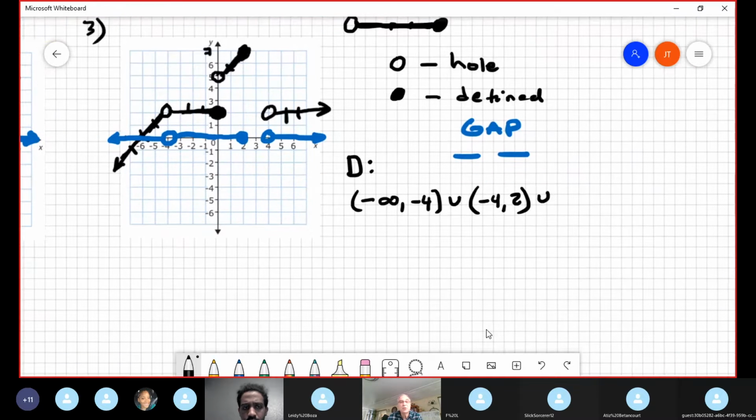Of course, not including 4, and infinity. So we have 2 holes, at -4 and +4. We have 1 gap in between 2 and 4, and this is my domain.